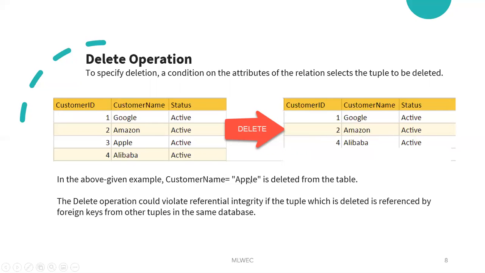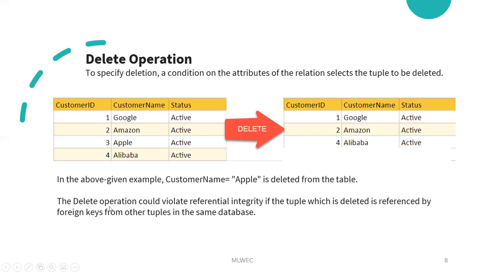So this entire row is deleted. Here you see 1, 2, 4. So tuple 3 is deleted permanently. We had 4 rows, and after deleting the row, we have only 3 rows.